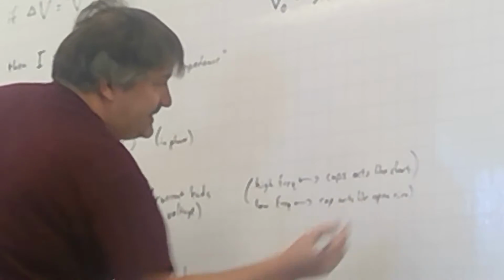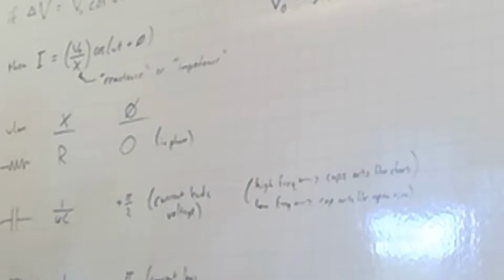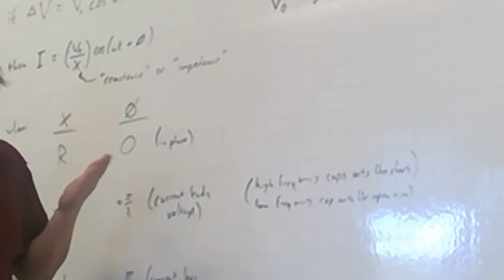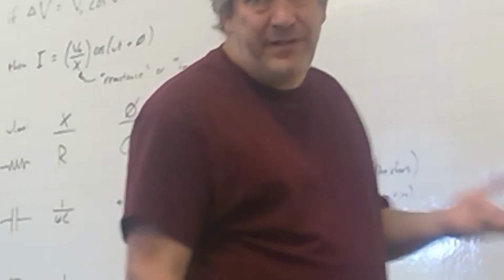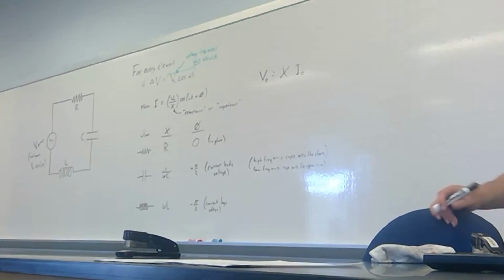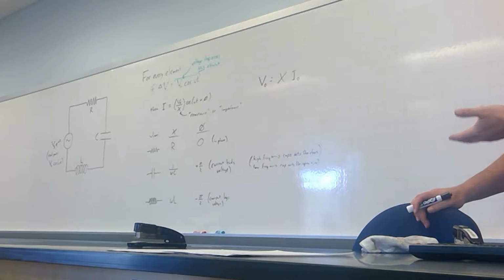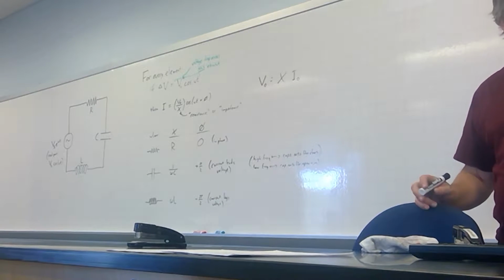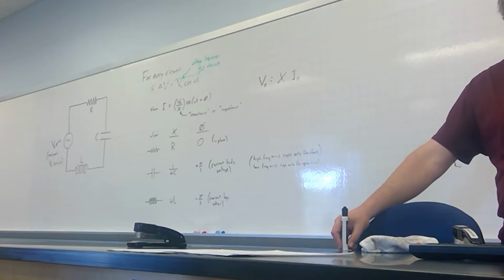Which makes sense. It's similar to what I asked you to be very familiar with for the last exam, which was that if I apply a DC rather than an AC signal, and I leave all the switches in place for a very long time, then we said the capacitor would start to act like an open circuit. And this is kind of the same thing here.